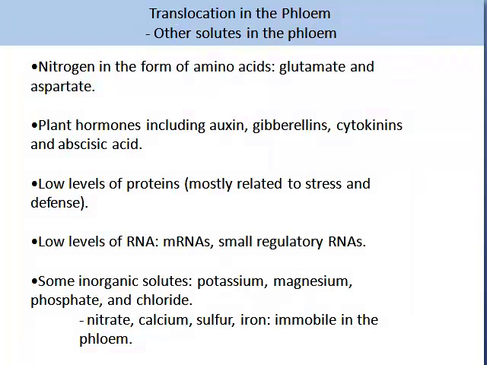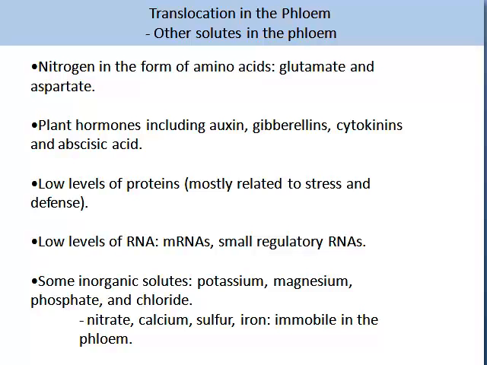Other solutes in the phloem include nitrogen, which is in the form of amino acids, glutamate and aspartate. Plant hormones include auxin, the family of gibberellins, cytokinins, and abscisic acid or ABA. There are low levels of proteins, mostly related to stress and defense mechanisms.